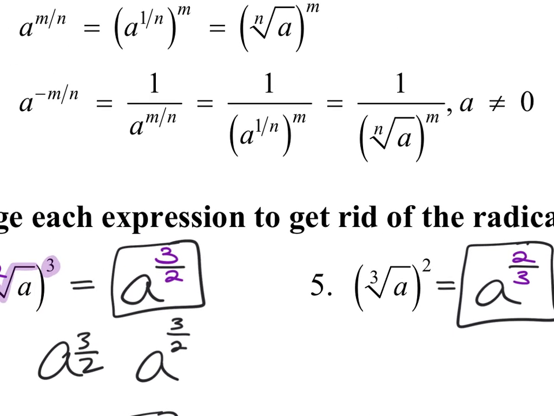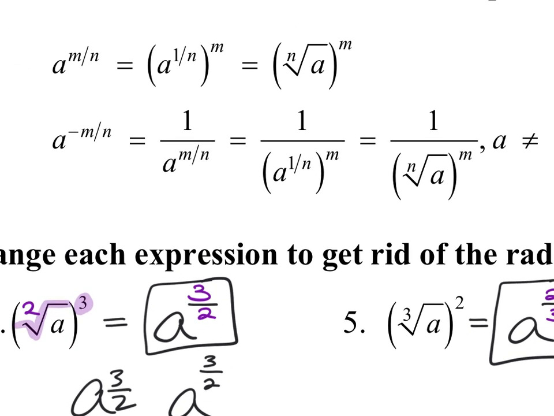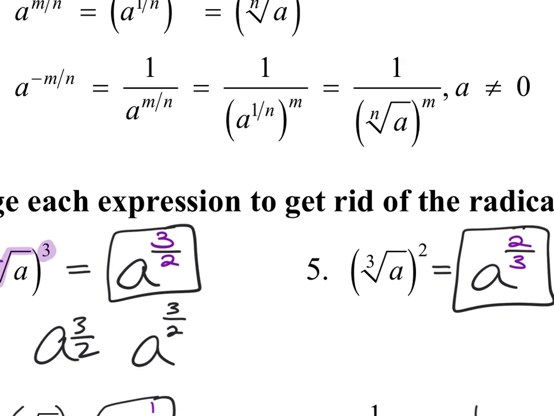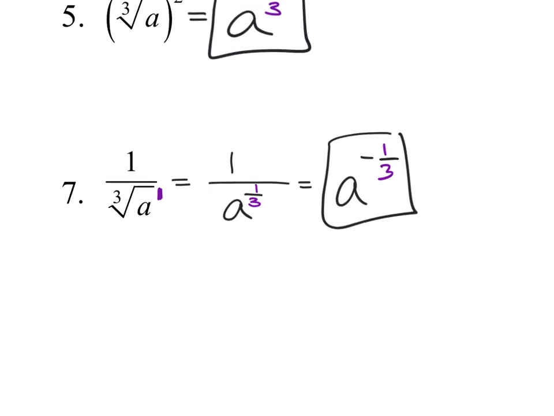I'm going to scroll up here for a second. Look at this rule, the second rule right here. What does it say to do with negative exponents? Bring them down. So if I had something already down, how do I bring it up? If it was negative, we move it down. So if it's down, what do we do to move it up? Make it positive. Well, it's already positive here.